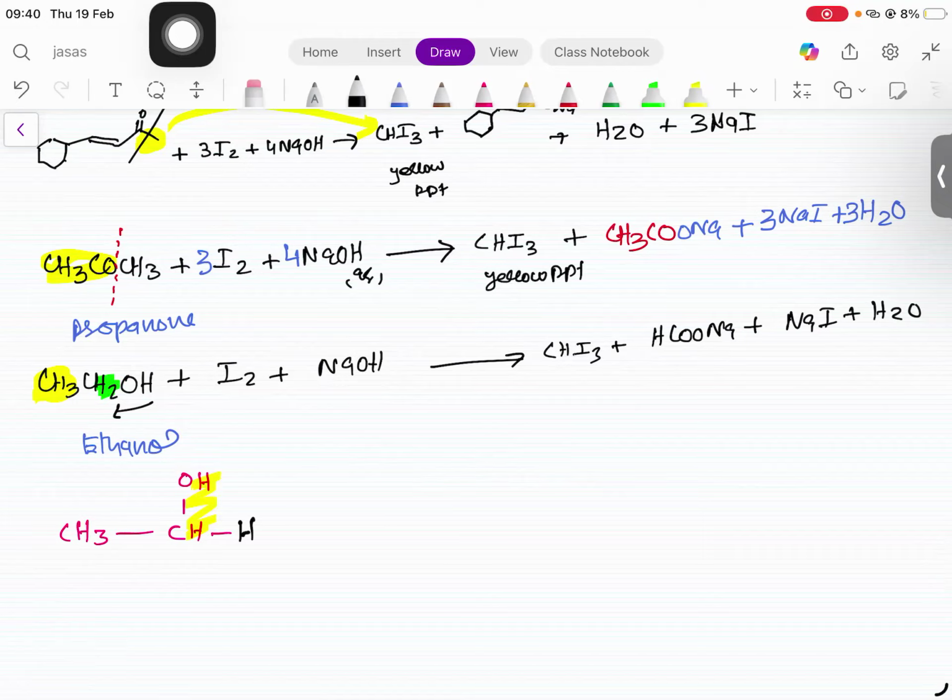Now if I balance it, for example, 4, 6, 5, 5. Here it is, the balance down. So ethanol has to oxidize as well. And then you have to put ONA in front of that. Okay, we'll continue this. We'll discuss the chemistry behind it. Thank you.